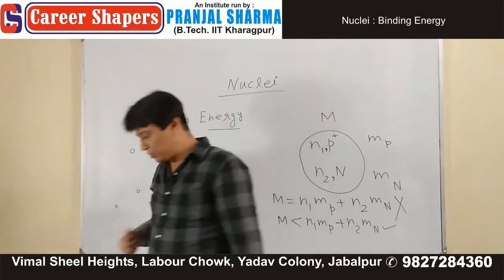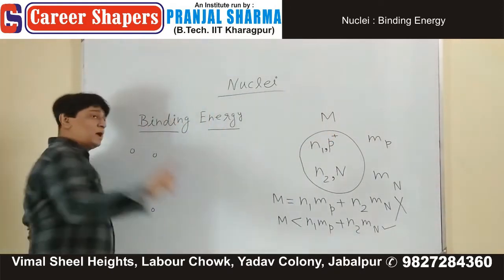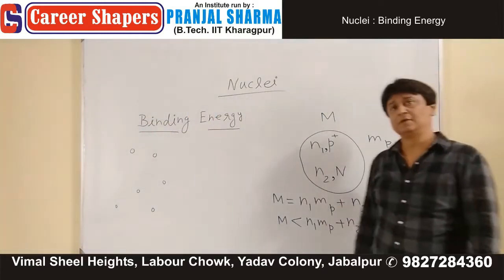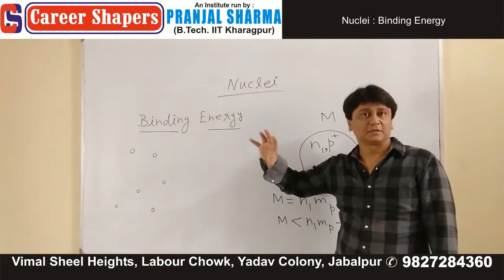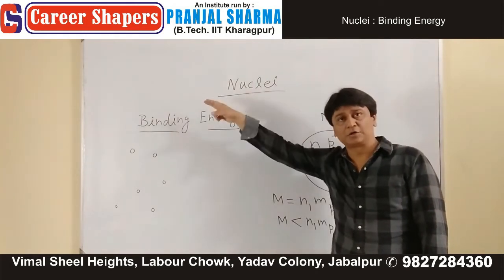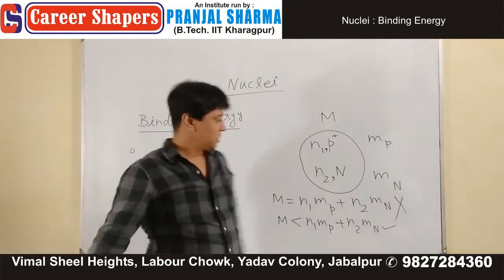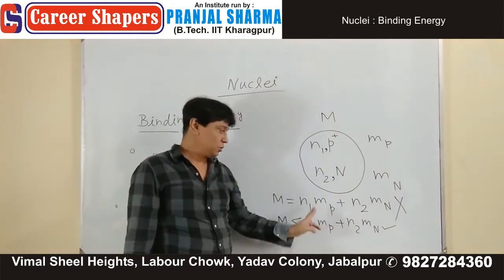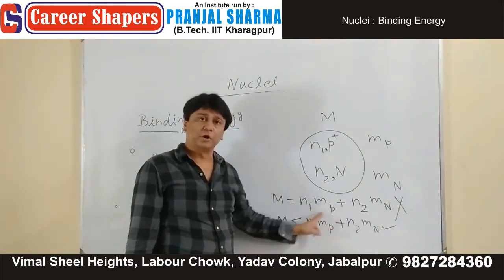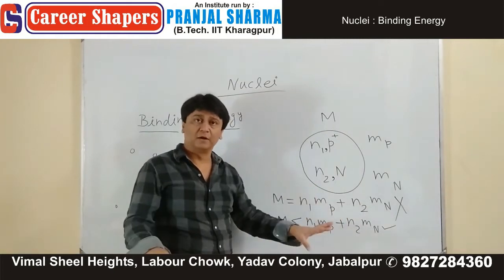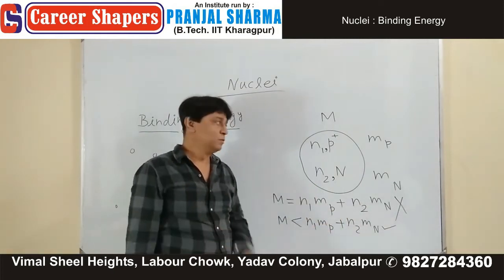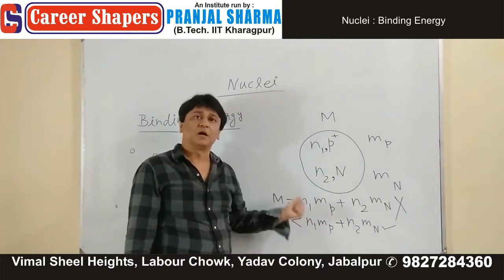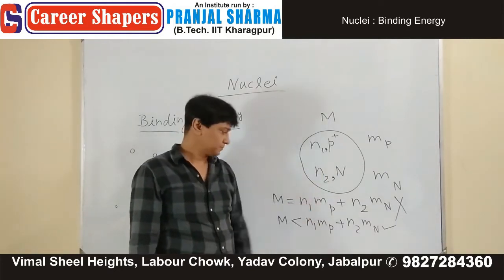This energy which comes out, Einstein says, has some mass. Now, some mass has gone out, and therefore total mass of all the nucleons taken together will never give you mass of the nucleus which these nucleons are going to form.